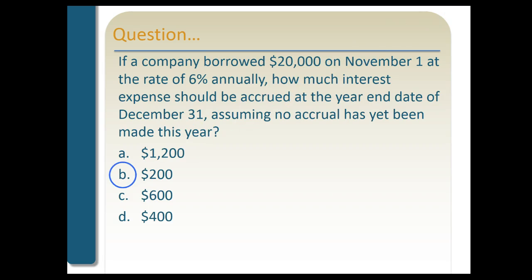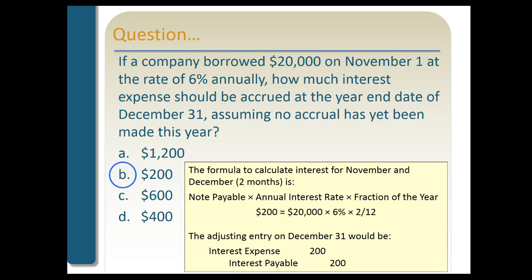So it's going to be $200. 20,000 times 6% times 2/12 gives us $200. And the adjusting entry would be interest expense of $200 and interest payable, a credit of $200.